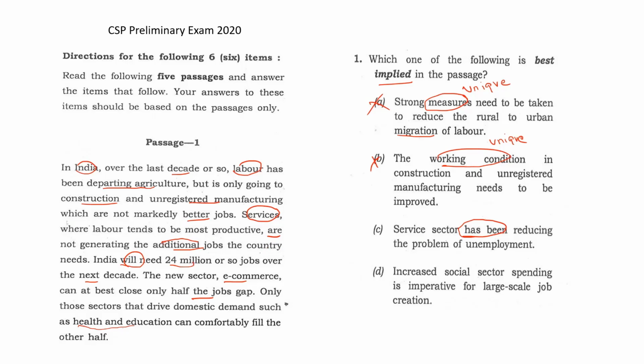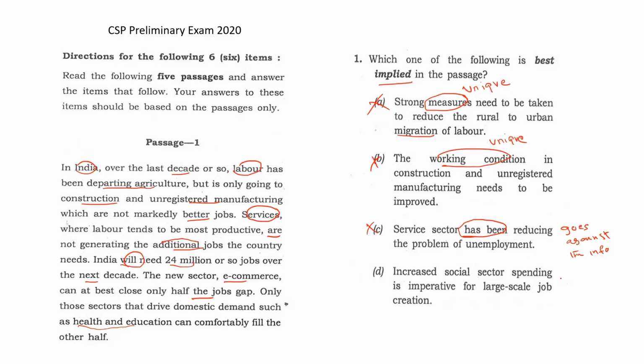Service sector has been reducing the problem? I think this is going against the information. I told you, sometimes you see an option which goes against the given information. Already we eliminated 3 options.